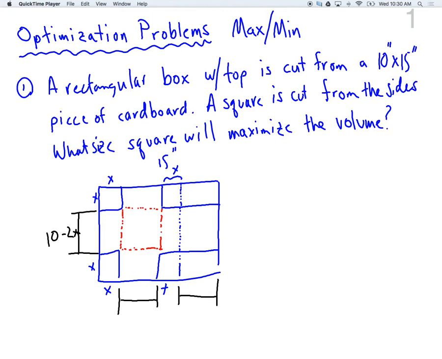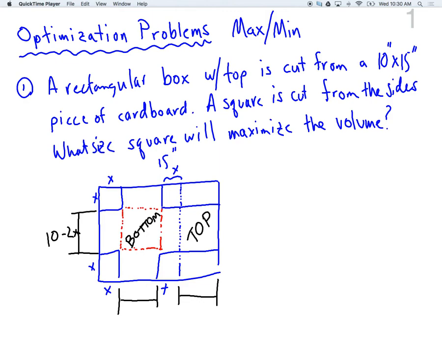Yeah, these two are the same length. Why? Because the top has to match the bottom of the box. It's a traditional rectangular box. Which doesn't tell me how long that is yet. We'll get there in a second, but we do need to realize that those two things are equal.